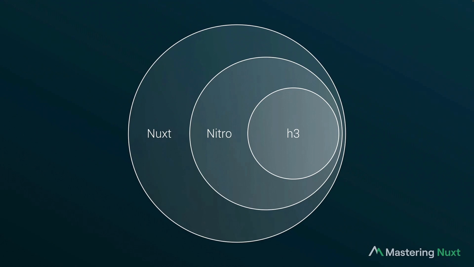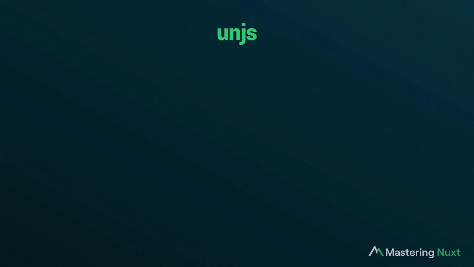One last thing that I wanted to mention is that Nitro and H3 are these standalone packages that are actually part of a wider project called UnJS. So what the team at Nuxt Labs have done is, instead of building Nuxt 3 as this big monolithic project, they've broken it down into many, many different smaller packages that can be reused elsewhere in other projects.